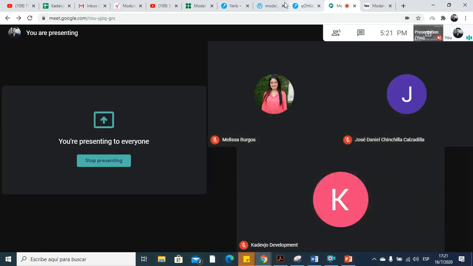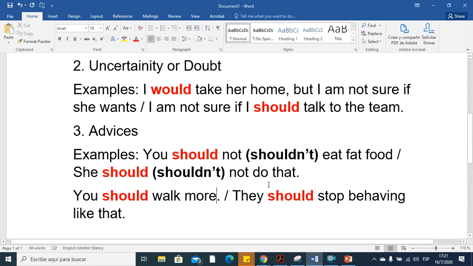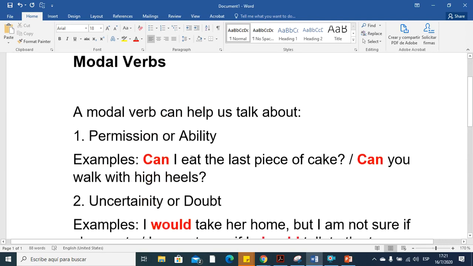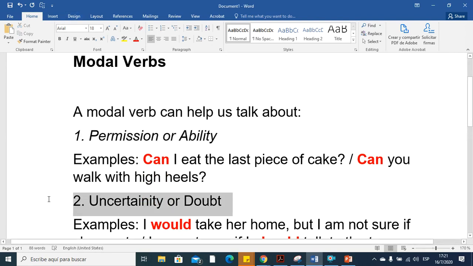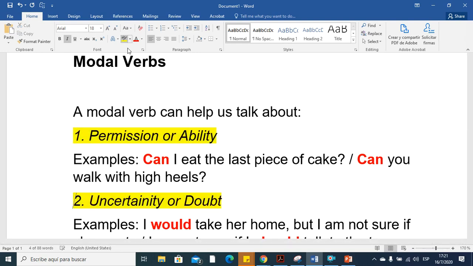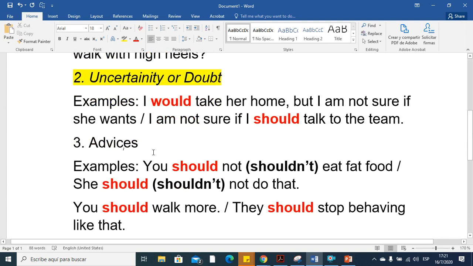So back to the Word document. So far we have three things. We have said that modal verbs can be used for permission or ability, uncertainty or doubt, incerteza, incertidumbre o duda, and we have also said advice.